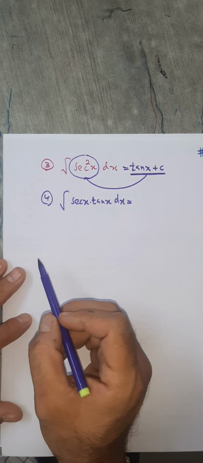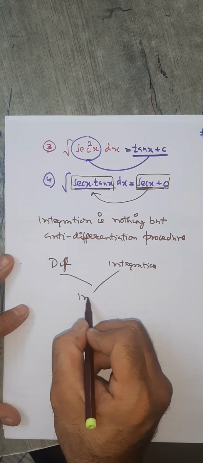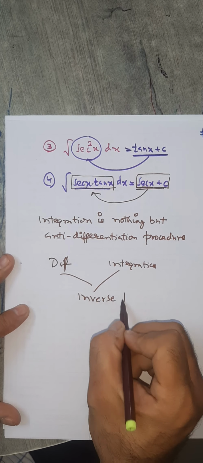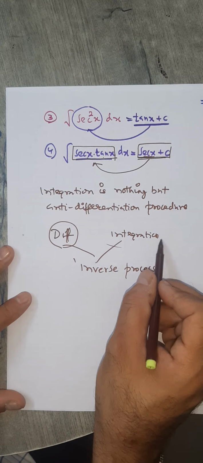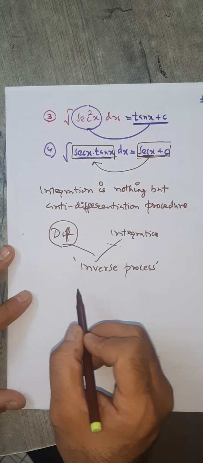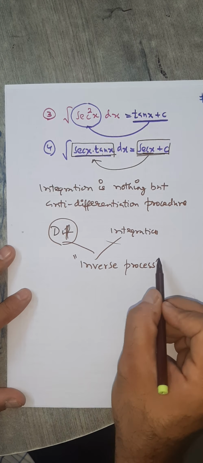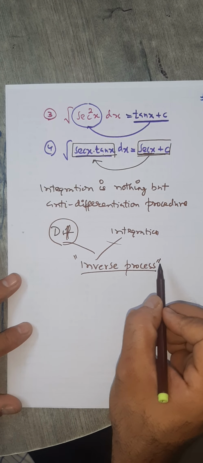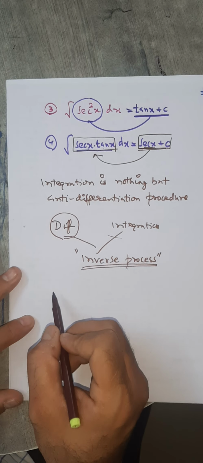So these two processes, differentiation and integration, are nothing but reverse or inverse processes, remember. You start with a function, differentiate it, again integrate it, you will get the function back. You start with a function, integrate it, again differentiate it, you will get the function back. This is nothing but the inverse or reverse process. Remember, integration and differentiation are reverse or inverse processes.